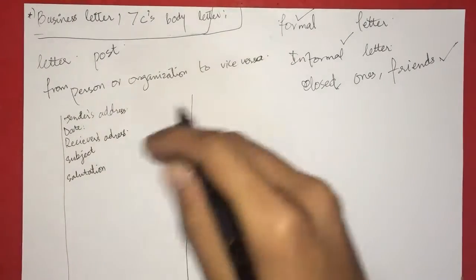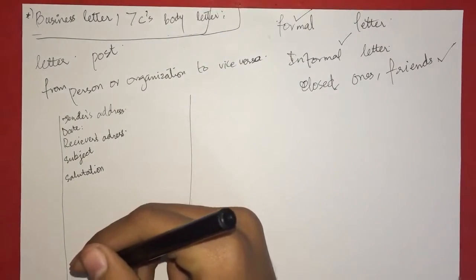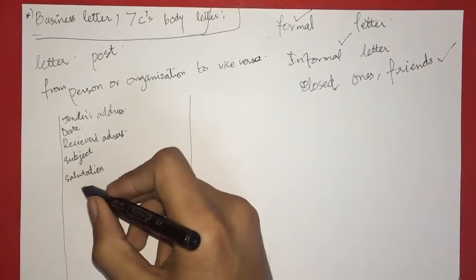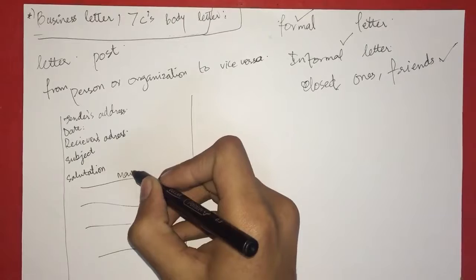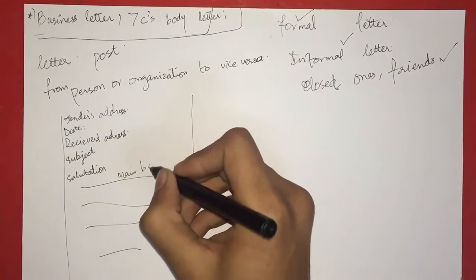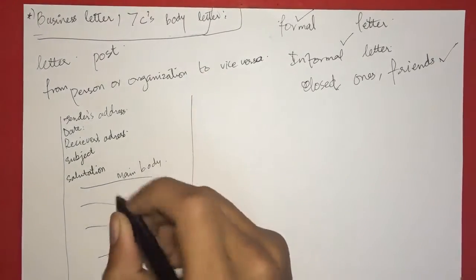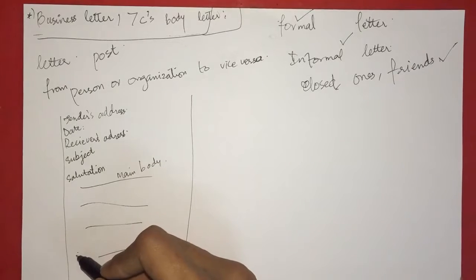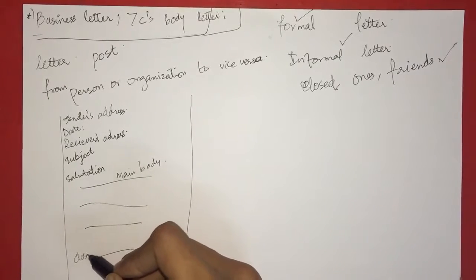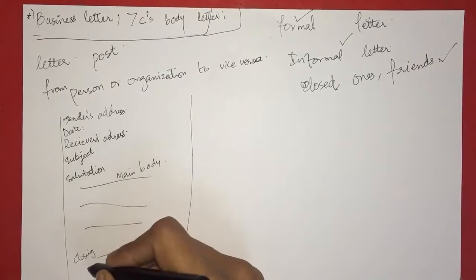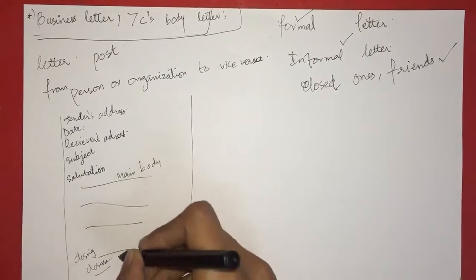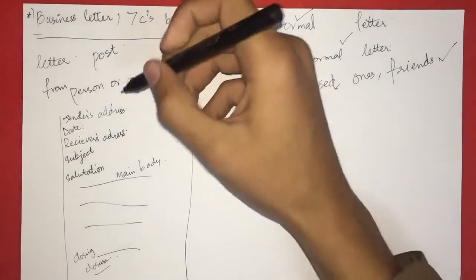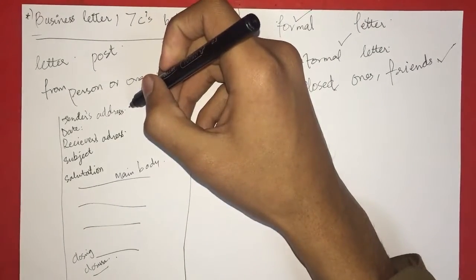I'm going to explain these terms once I'm done with the layout. Then this will be the main body, and then there will be the closing of the letter, or you can say the closure of the letter. So sender's address is self-explanatory.